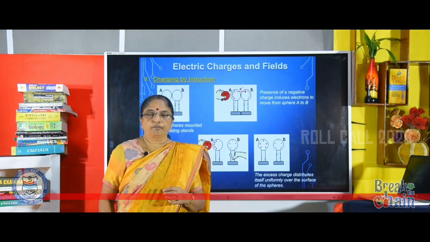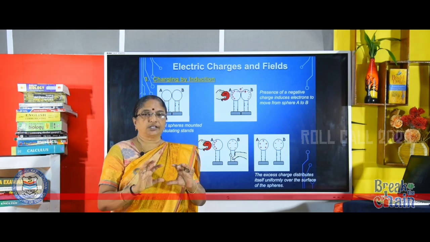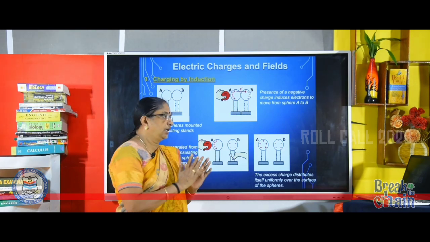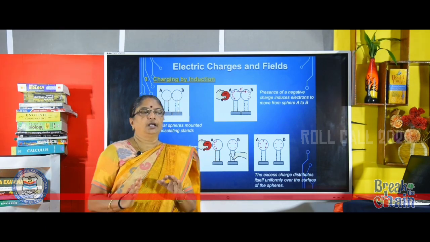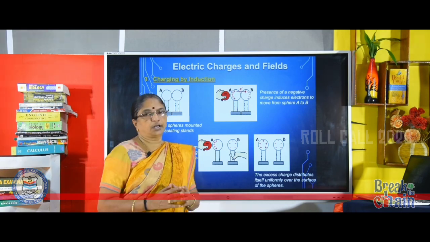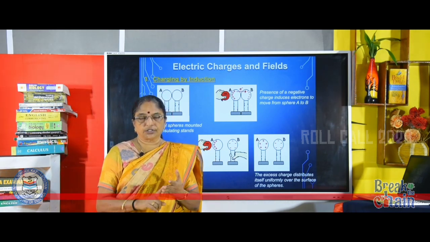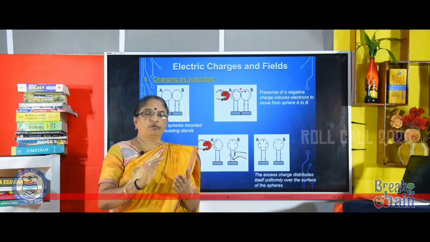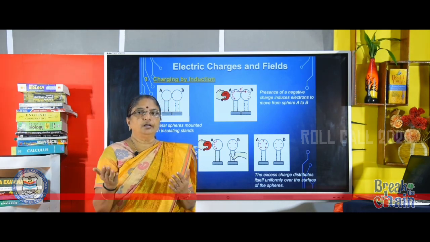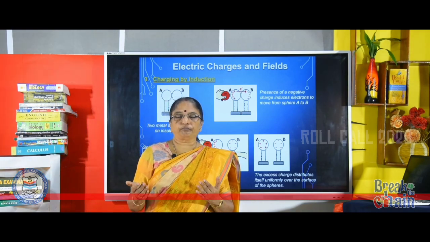See this one. Two metallic spheres are kept on separate insulating stands and kept in contact. Say let them be A and B, and a negatively charged body is brought near. So A becomes positive because of the movement of electrons away from it, and sphere B gets negatively charged.